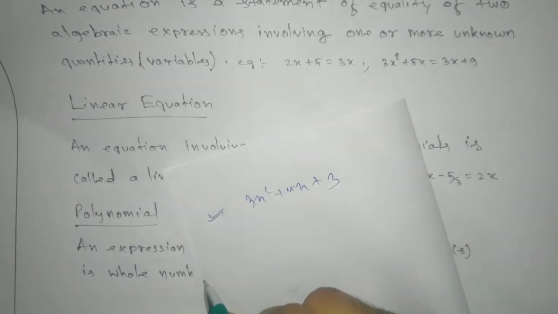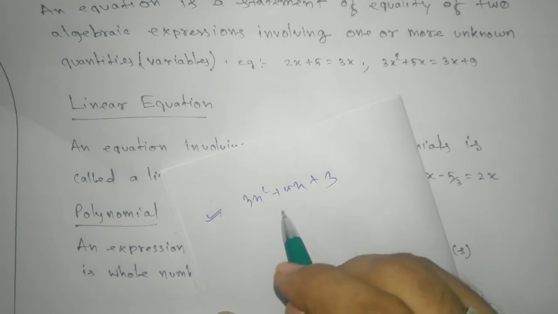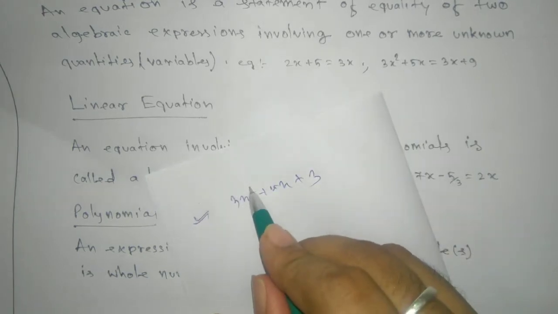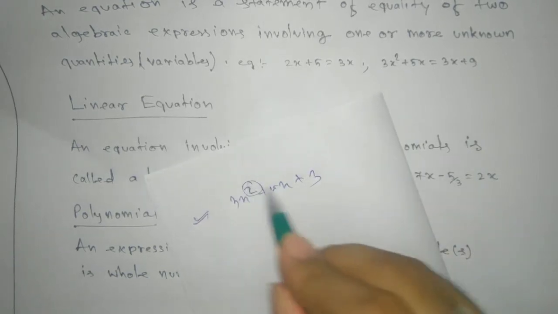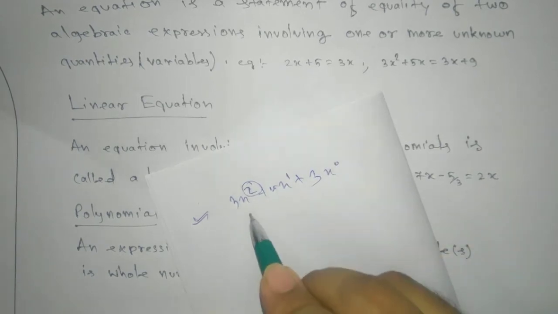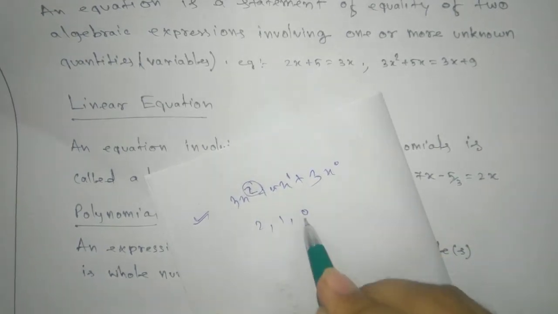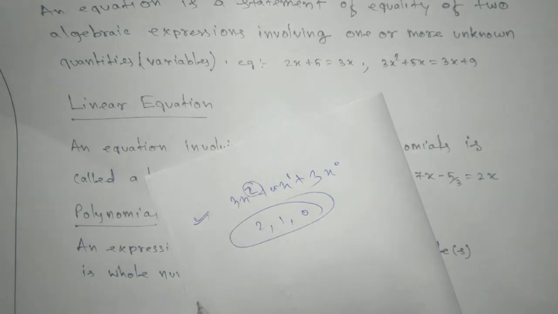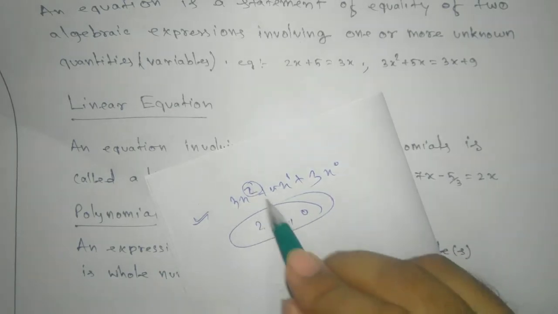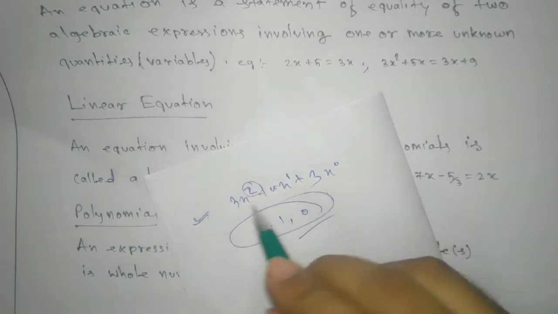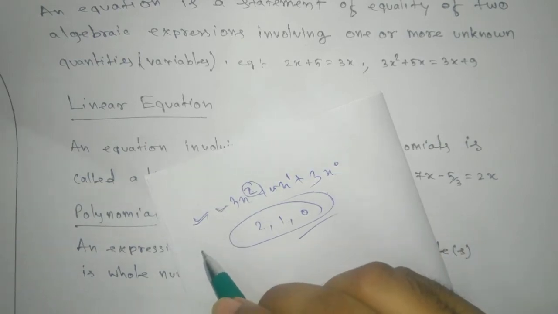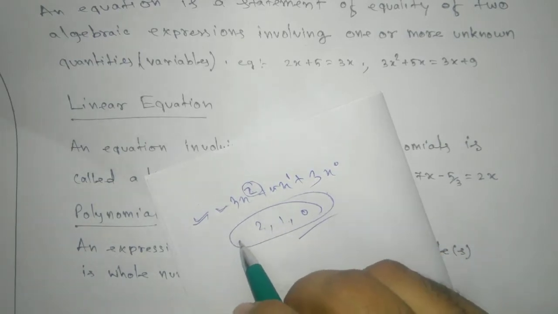Because it is an expression. Now if you see the powers, nothing means 0. So 2, 1, 0, these are all whole numbers. If the exponents of the variable are whole numbers, then this type of expression we call a polynomial.